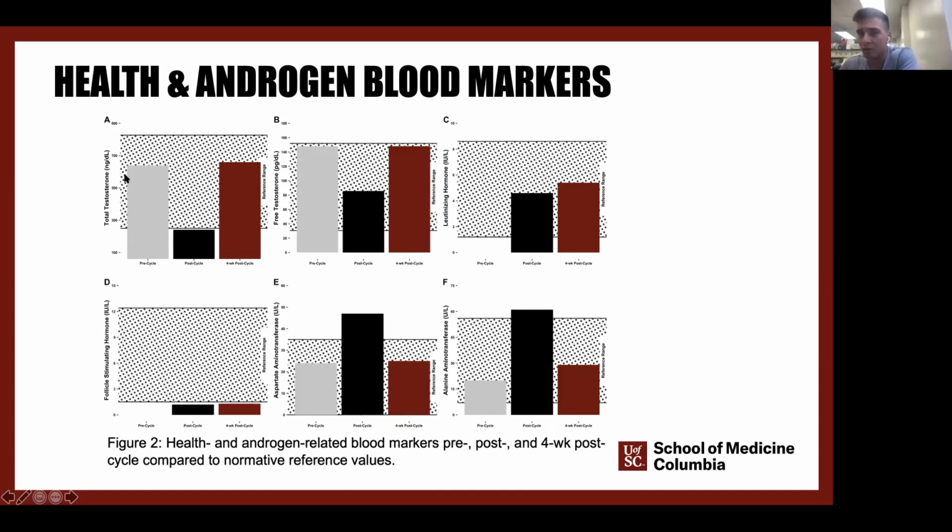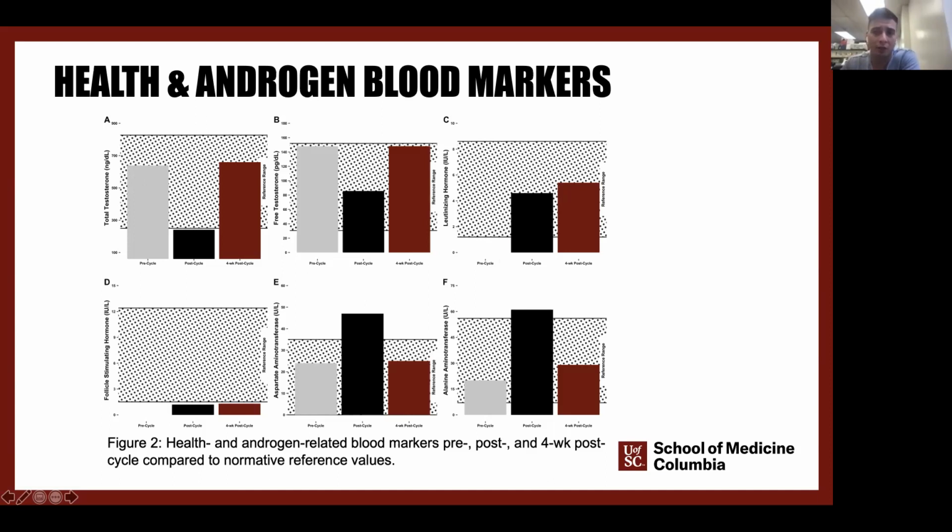In response to SARM use, we see a substantial decrease, about a 70% decrease in total testosterone and about a 40% decrease in free testosterone. Luteinizing hormone, we weren't able to get data from pre-cycle, but on cycle, it is within the clinical reference range, and follicle stimulating hormone actually fell below the clinical reference range.